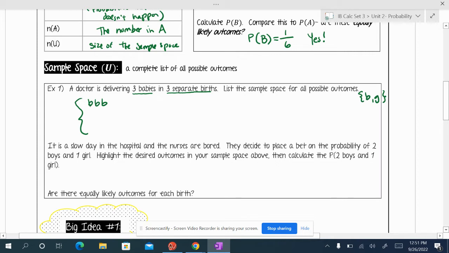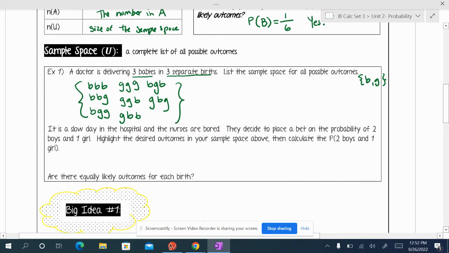So for the 3 births, we could have all boys, boy, boy, girl, boy, girl, girl, girl, girl, girl, girl, girl, boy, girl, boy, boy, boy, girl, boy, or girl, boy, girl. That is the list of all possible outcomes, aka the sample space.